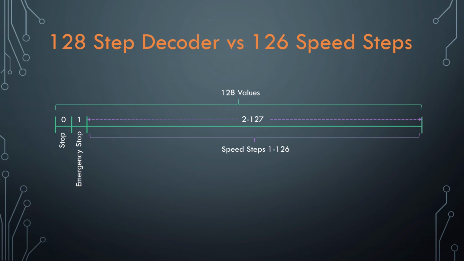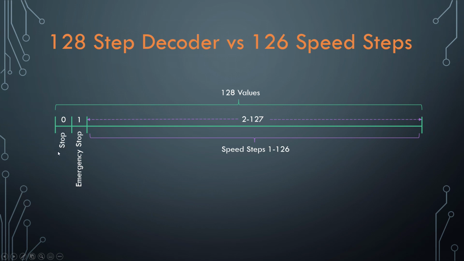You can think of a 128 step decoder as having 128 different values from 0 to 127. 2 of those values have a fixed meaning. Value of 0 always means stop.